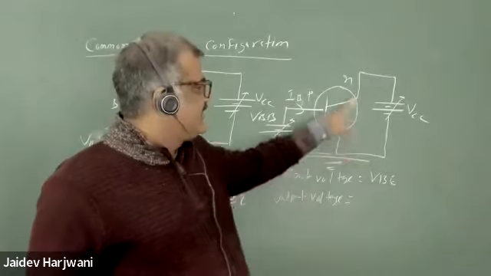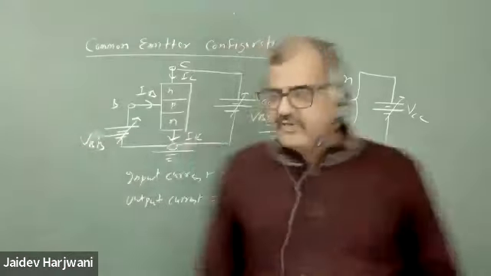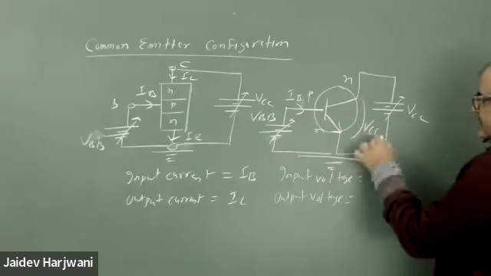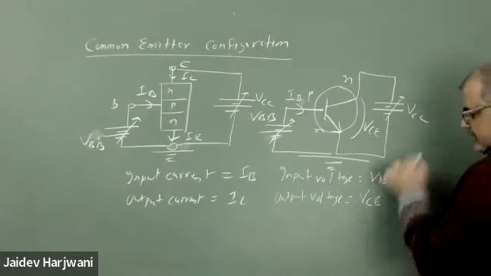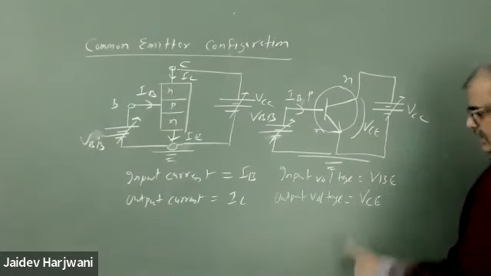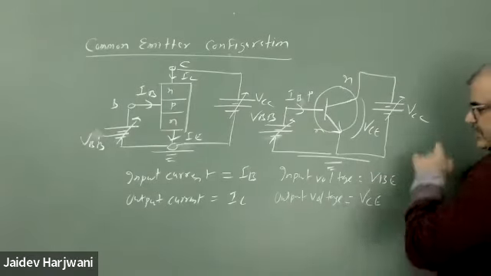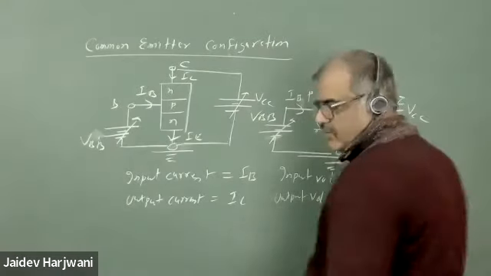Output terminals are now C and E, so that will be your VCE. So now the output voltage will be your VCE in the common emitter configuration. Always remember, output voltage is the voltage across the output terminals.